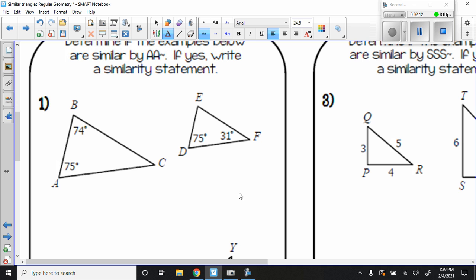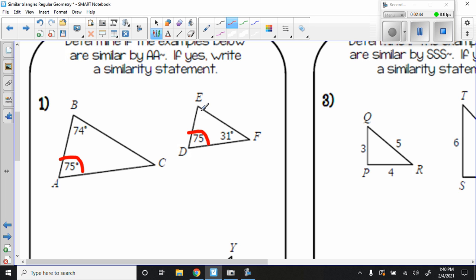So how do you tell if these are similar? If they have 2 congruent corresponding angles. Look at this. This is 75. This is 75. I am halfway there. I just need one of the other angles to be equal to each other. Well, if this is 75 and this is 31, I can find this by taking 180 minus the 75 and the 31.